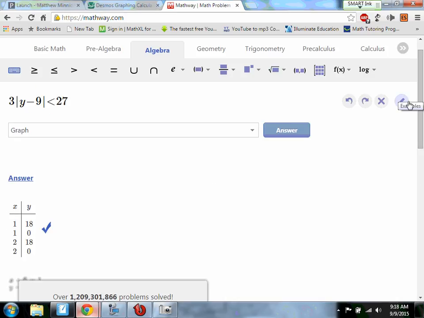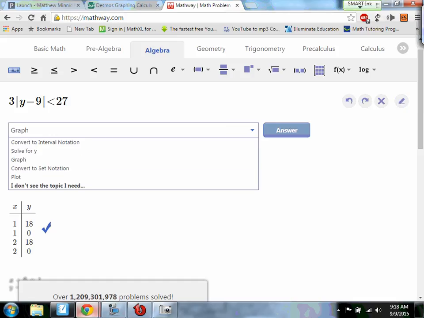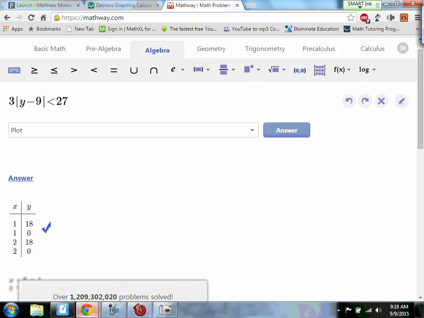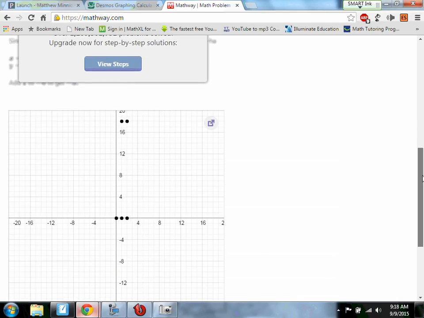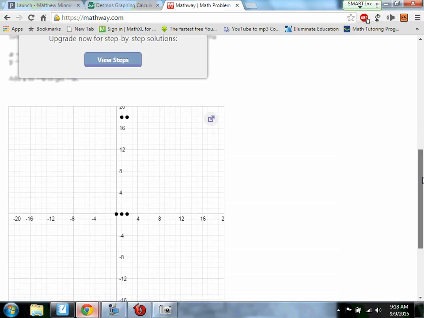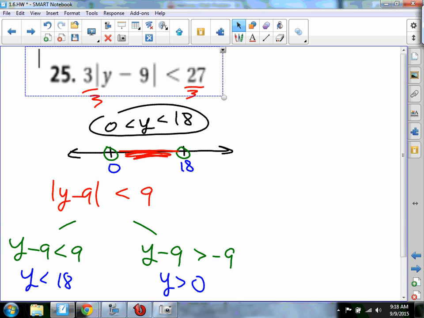So Mathway's not always going to give us everything we want. Maybe it has an option to plot on the number line? I don't know. It's not the kind of answer we're looking for, is it? Okay. So even Mathway has its drawbacks, its limitations.